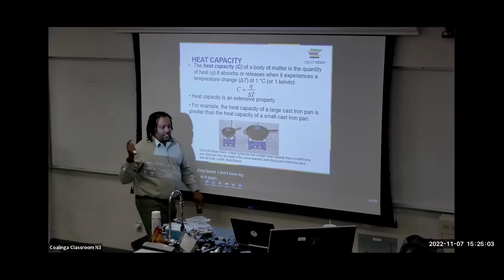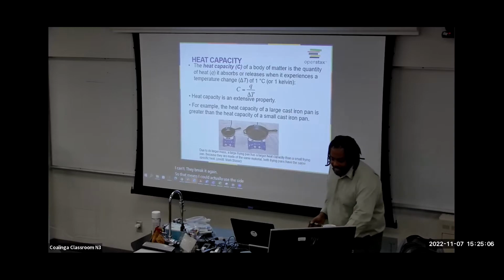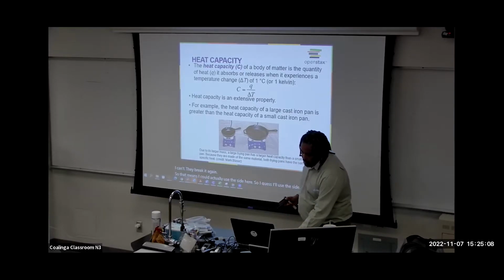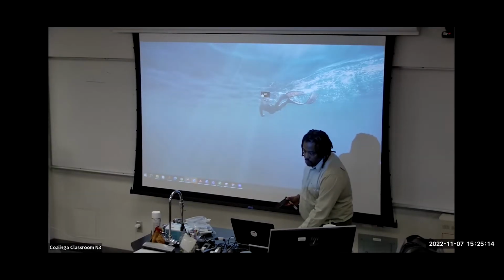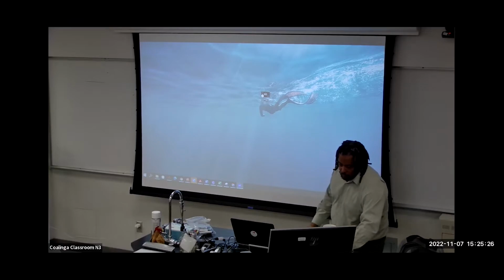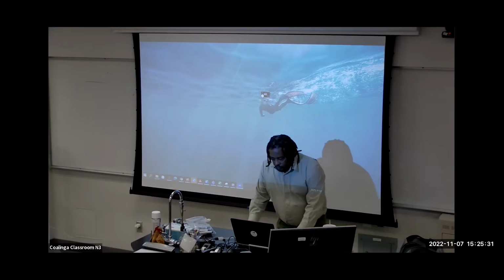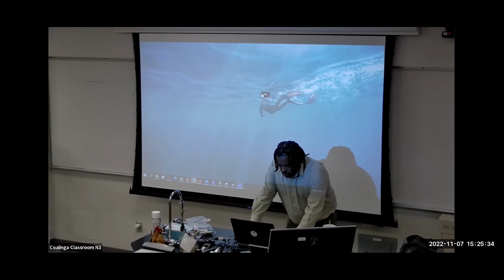Okay, so that means I can actually use the side here. So I guess I'll use the side.